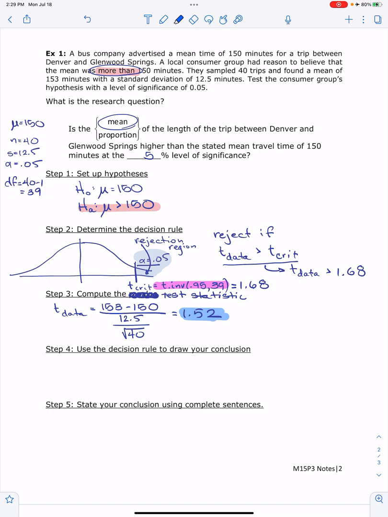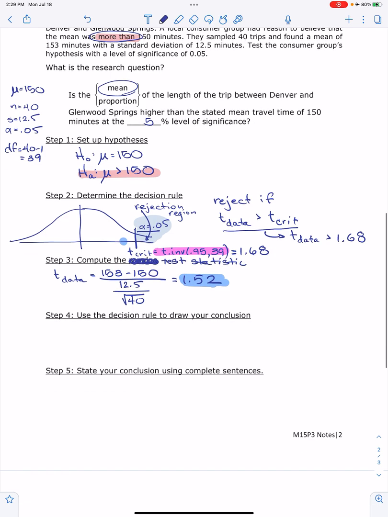That's a 1.68. Yeah, my 1.52 is roughly here. So I got 1.52. My T data is less than 1.68. We are not going to reject our null hypothesis.